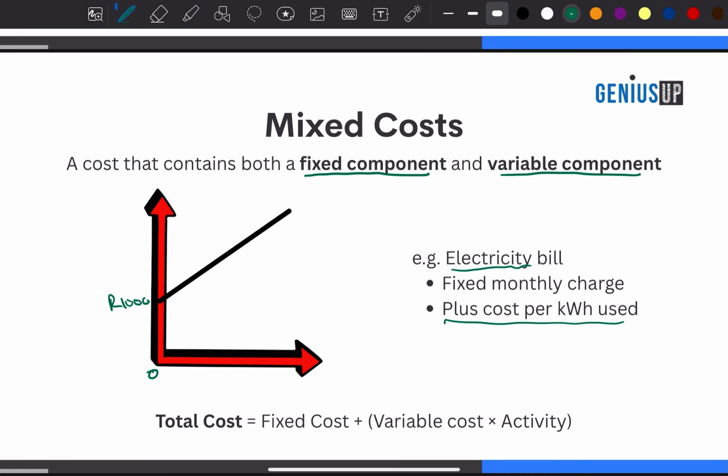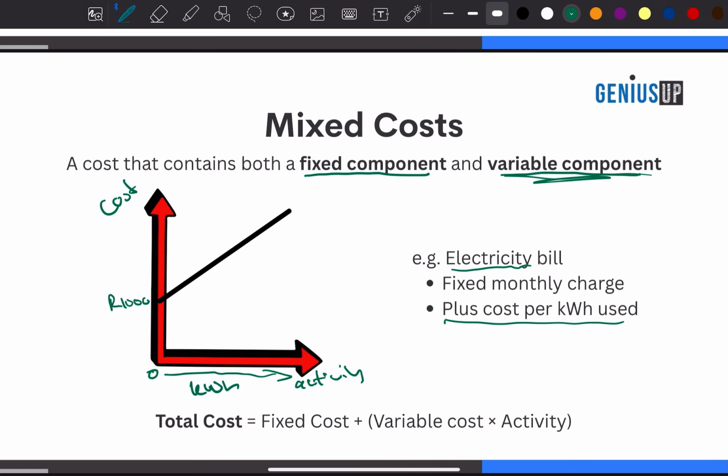That's the fixed component of the cost. However, on top of that fixed monthly charge, they also charge you a cost per kilowatt used. So the more electricity you use, there's a specific cost per kilowatt that you pay. So there's a variable component to it. The kilowatts are the activity.